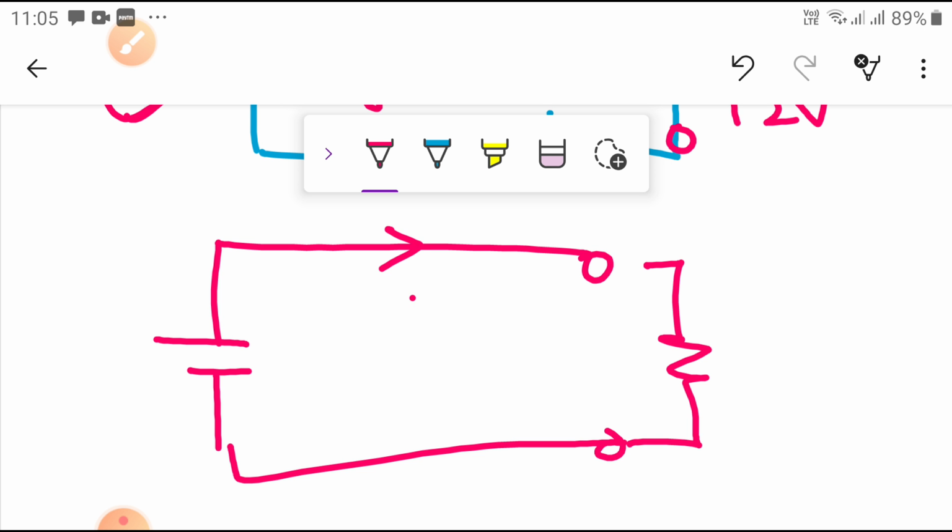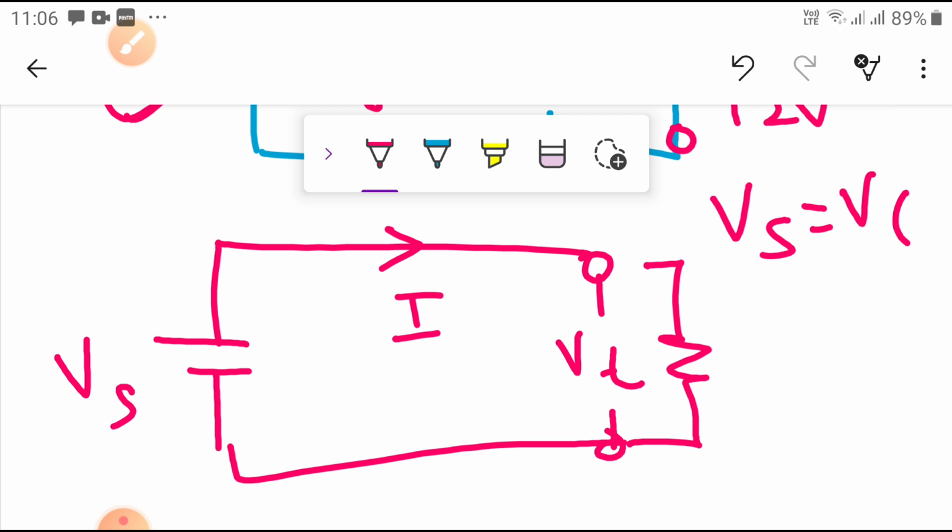Now this voltage Vs is equal to the terminal voltage Vt, irrespective of load current. Those sources are known as ideal voltage sources.